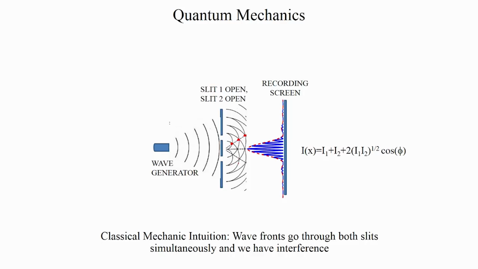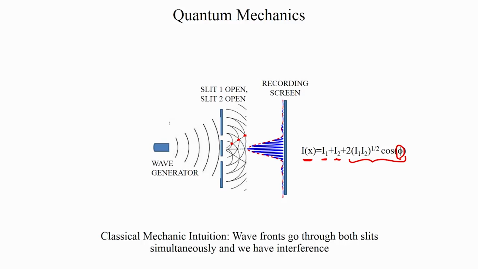So, what you will see is an interference pattern wherein the effective intensity at some point x depends on the intensity 1, which is basically the intensity of the waves coming through slit 1, and intensity 2, in this manner. And this is the interference term, where this is the phase difference between these waves.